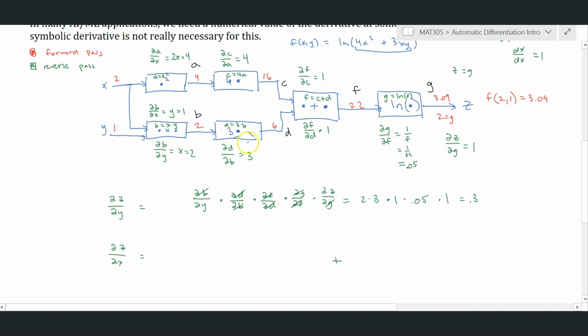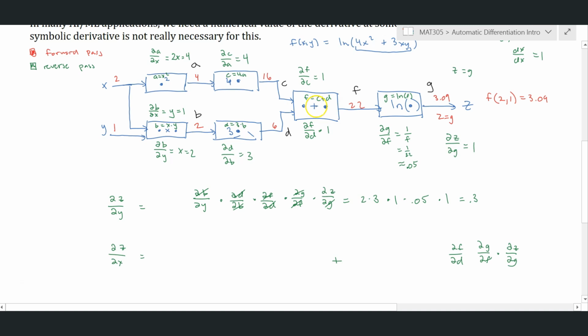the x, dz dx, but notice that we're going to have two derivatives. We're going to have one that follows up the top and then one that follows down the bottom, but then leads back up to the top over here. So I'll start with just the top route. And by the way, these are going to be the same up until we get to here. So we'll have dz dg. So now I'm just following backwards, times dg df times df dd.